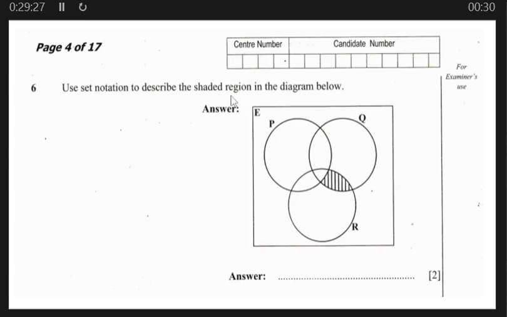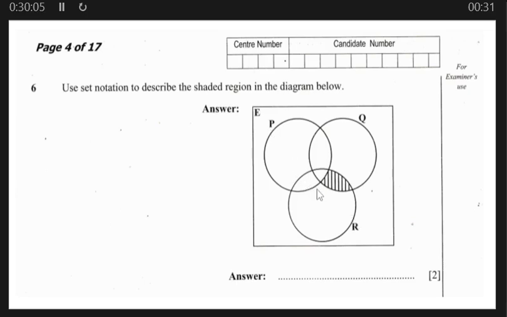So we have this Venn diagram in which we have 3 sets, set P, set Q, set R. Then in this situation we are told this shaded area is actually an intersection of set Q and set R. Then this intersection between Q and R is not shaded, meaning it's not included. Even the intersection of all these sets is not included, and the intersection of P and R is not shaded, so it's not needed.